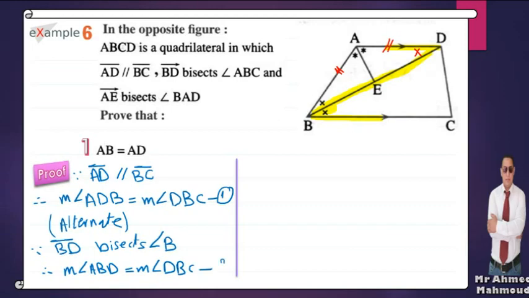This is number 2. By looking at 1 and 2, ADB equals DBC and ABD equals DBC, then DBC is common in both cases.